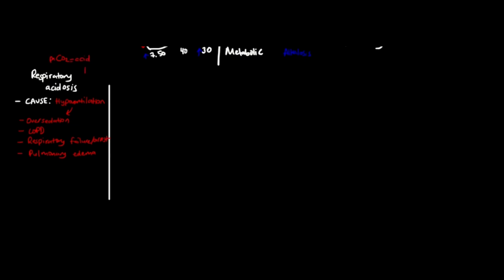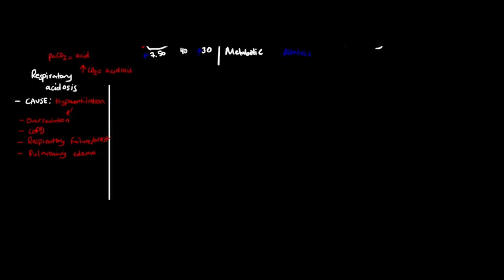So if you have higher than normal levels of carbon dioxide, that puts us in a state of acidosis. Alternatively, if you have lower than normal bicarb, that puts us in a state of acidosis as well. But this would be more applicable to metabolic acidosis.